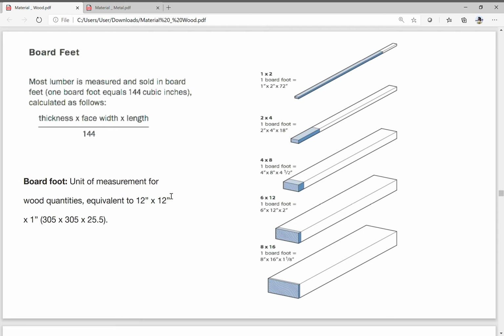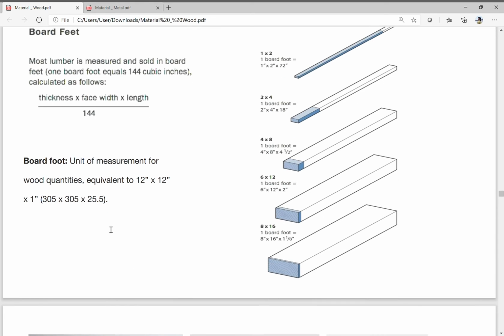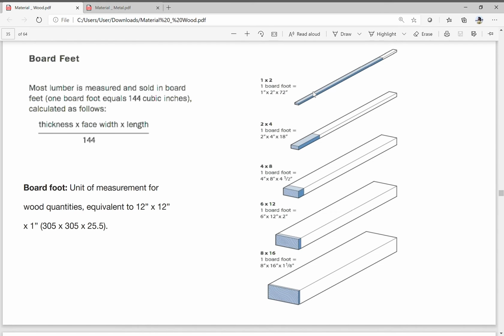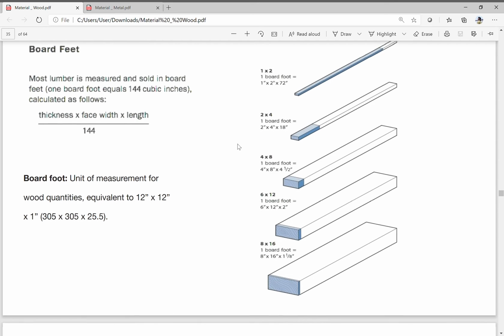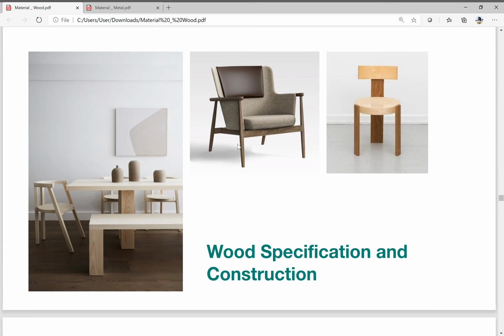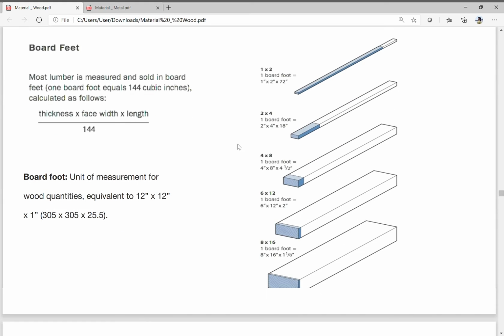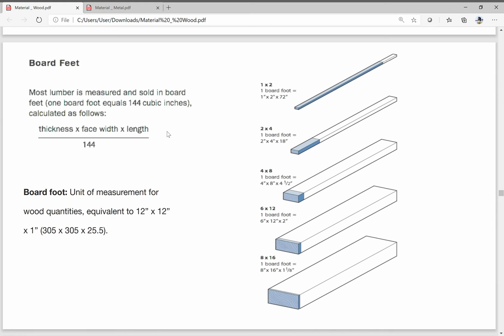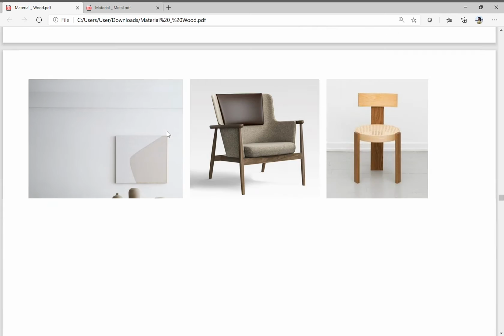The unit of measure of wood quantity is equivalent to 12 inches by 12 inches. So this is 1 by 2, so it's one board foot. We'll have this computation of the measurements, of getting the board foot.